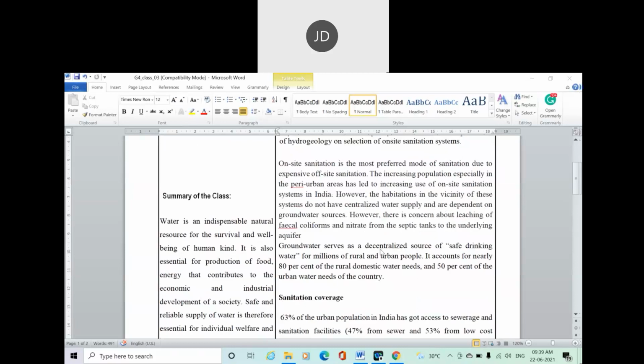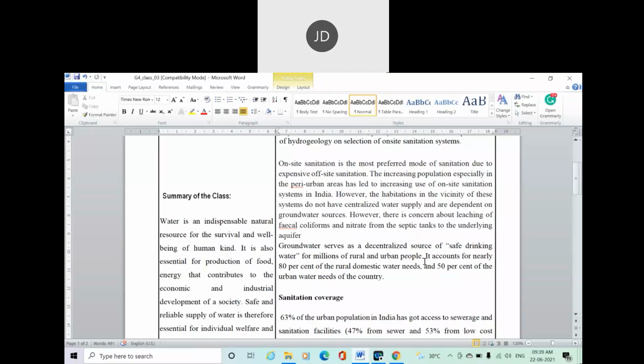Yeah. So the groundwater serves as a decentralized source of safe drinking water for millions in rural and urban areas. If you take the average population of India, groundwater is categorized as one kind of safe drinking water because it needs less of a treatment process.